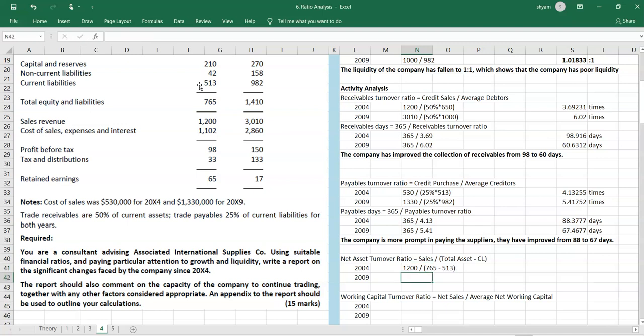And for the next year the total sales is 3010 divided by the total assets of 1410 minus the current liability of 982.